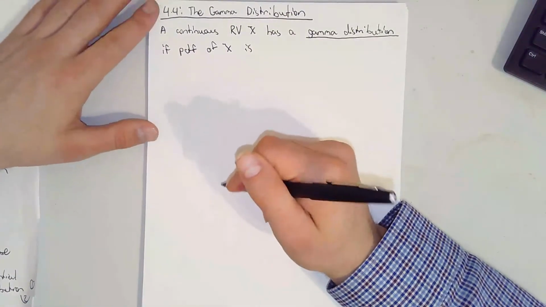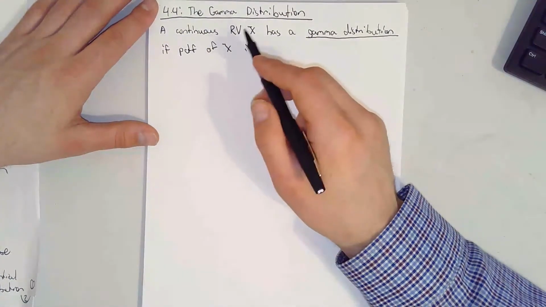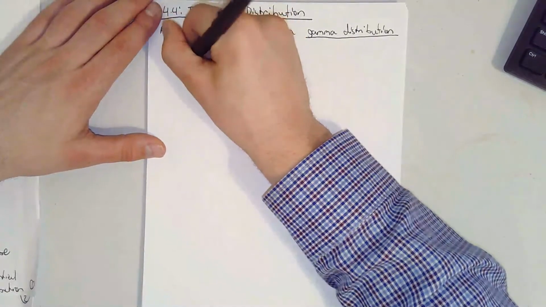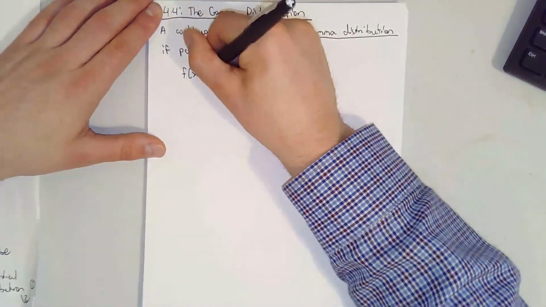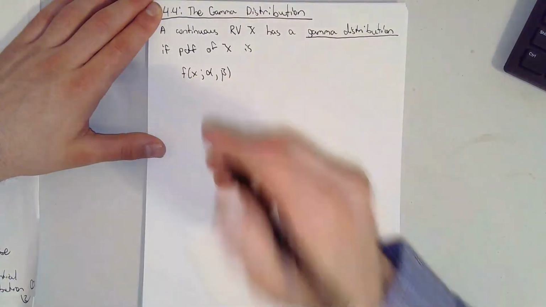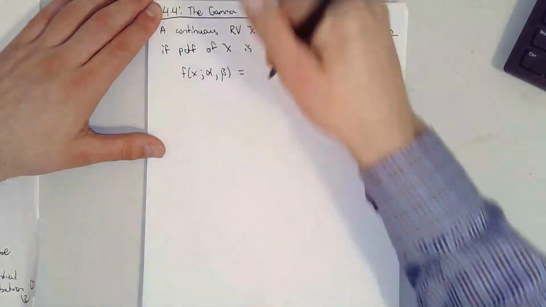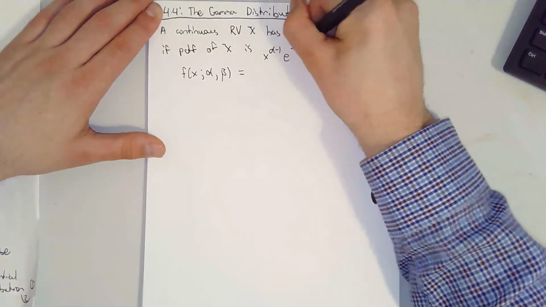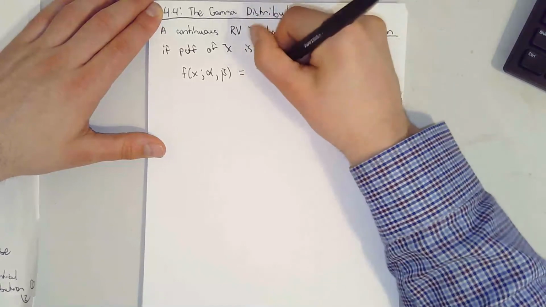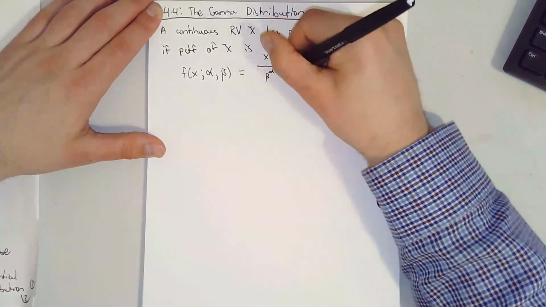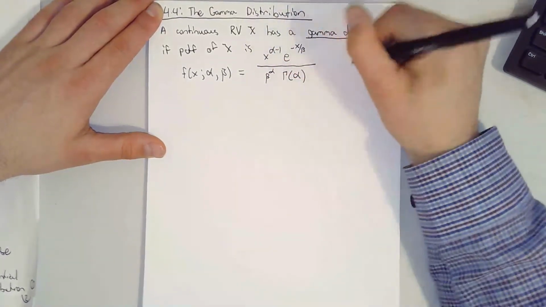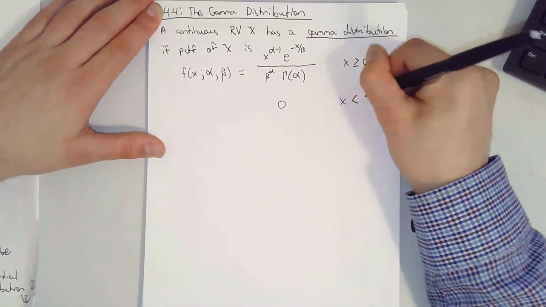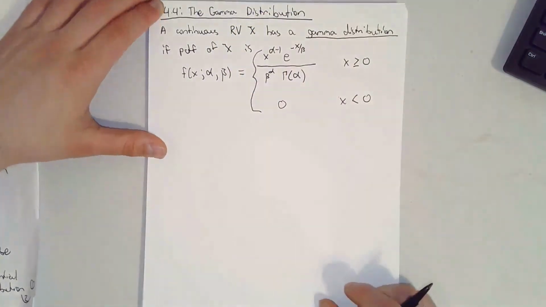So what is the gamma distribution? A continuous random variable x has a gamma distribution if the PDF of x is given as follows. f of x with parameters alpha and beta is the piecewise defined function given as follows.